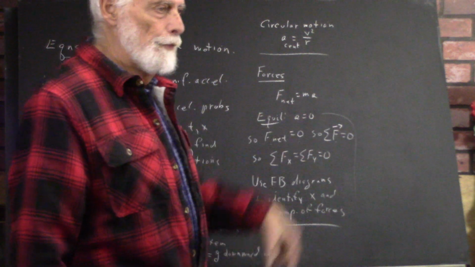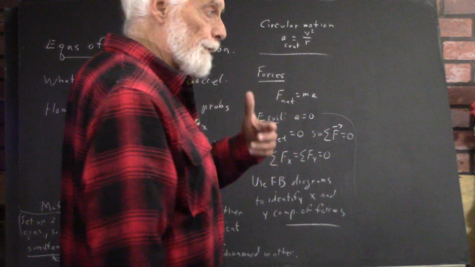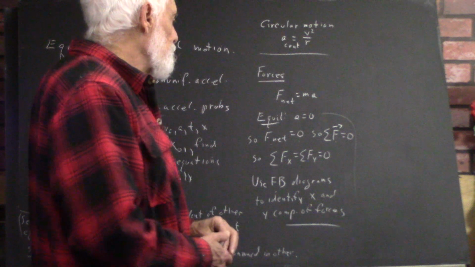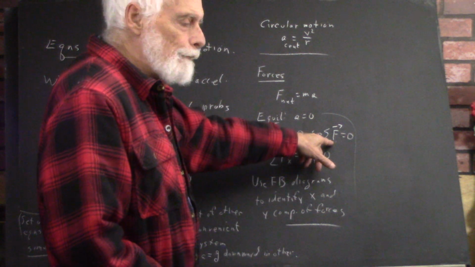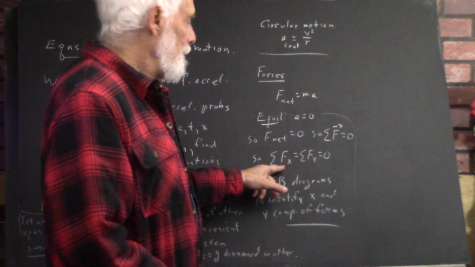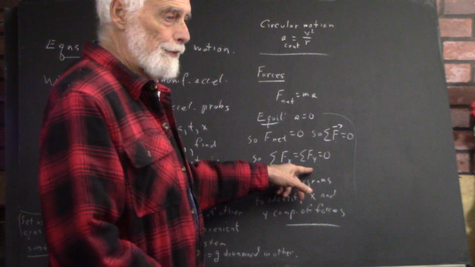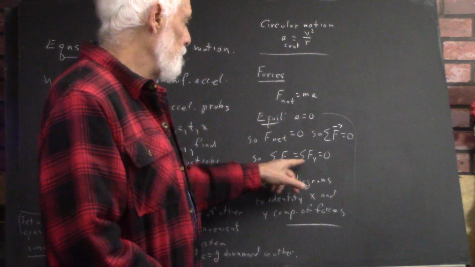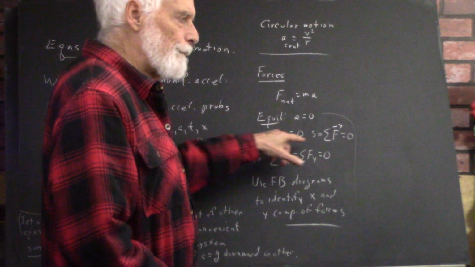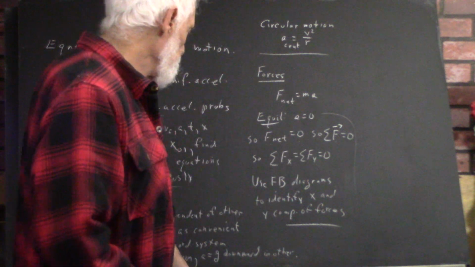Sometimes one or the other of those components might be 0, but you still have an x and a y component. So if the sum of vectors is 0, then the sum of their x components has to be 0, and the sum of their y components has to be 0. And you want to understand that's an important point that relates everything conceptually to your net force being 0.